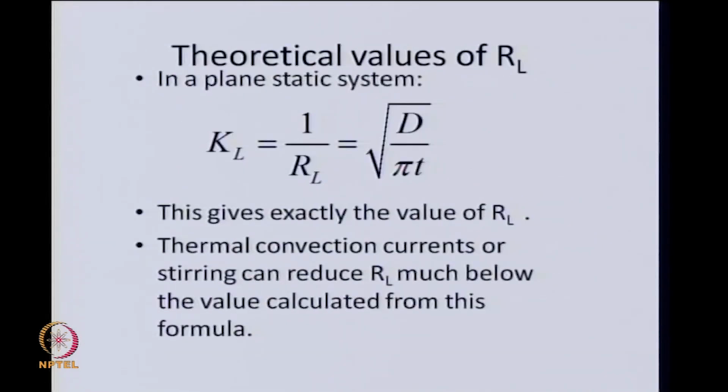Thinking about the liquid phase resistance values, we have KL equal to 1 by RL equal to root of D by pi t. That will give you the value of RL. There could be thermal convection currents or stirring, which will reduce the RL much below what is calculated from here.